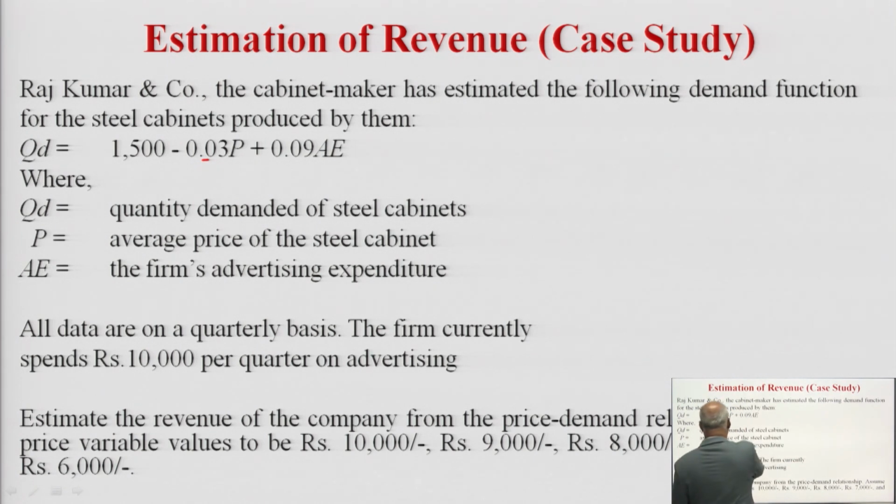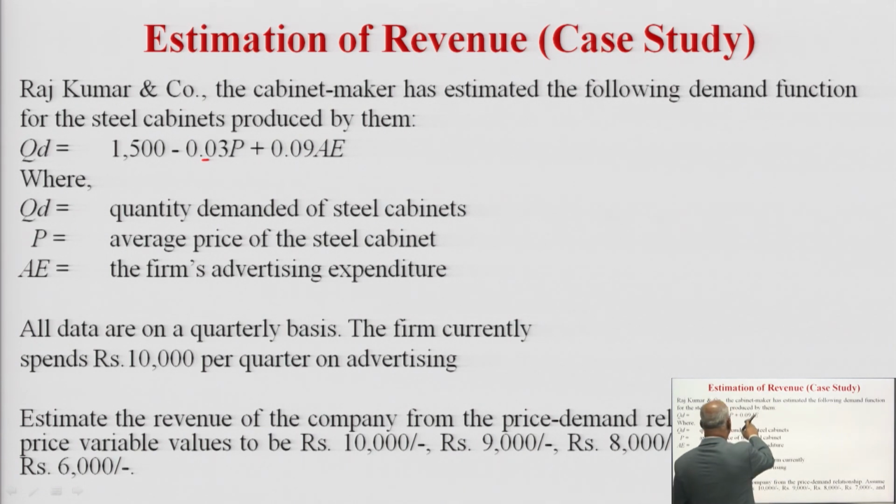Here QD stands for the quantity demanded of the steel cabinets, P is the average price of the steel cabinet, and AE stands for advertisement expenditure, and all data are on a quarterly basis. The firm currently spends rupees 10,000 per quarter on advertisement.